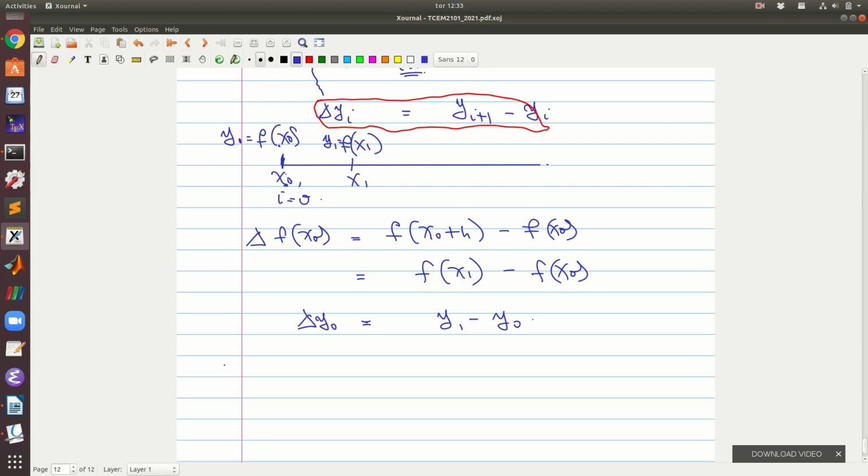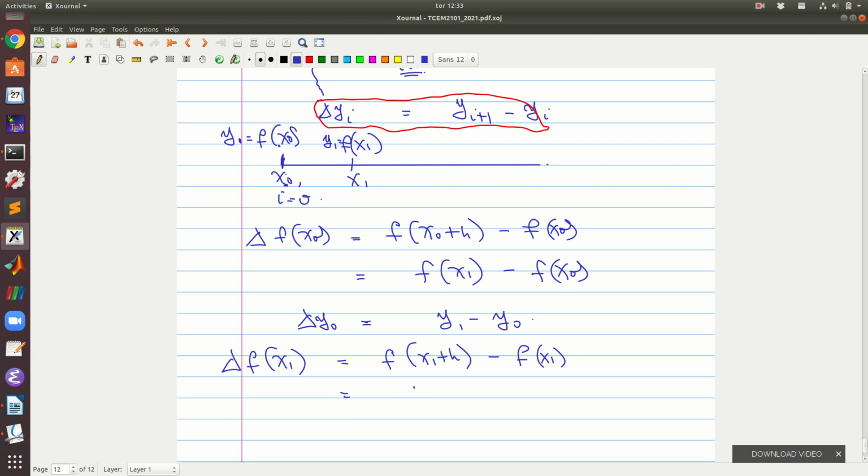So what about the forward difference operator at x1? We know that this is simply going to be f of x1 plus h minus f of x1. Then we can make the substitutions in terms of x naught and so on.